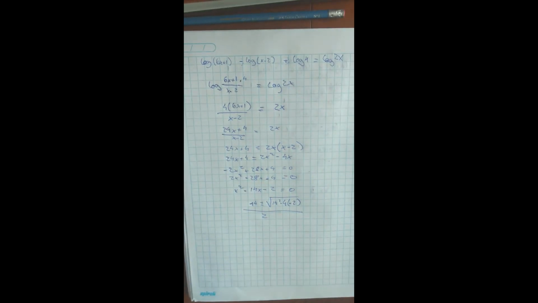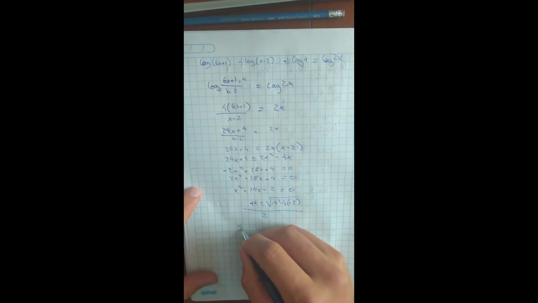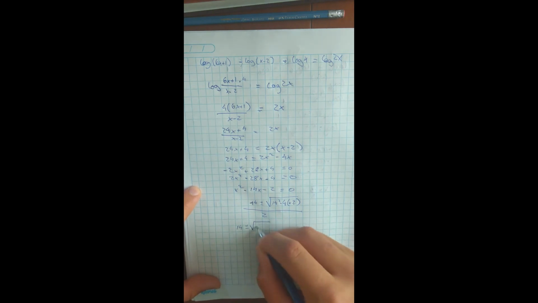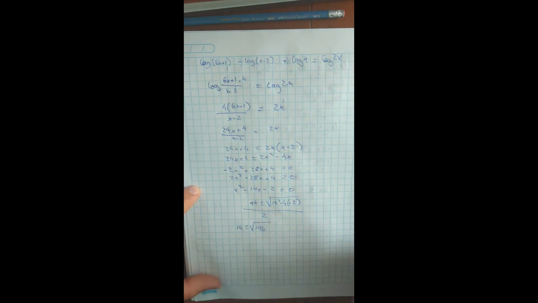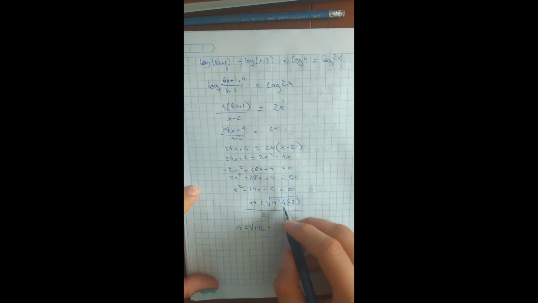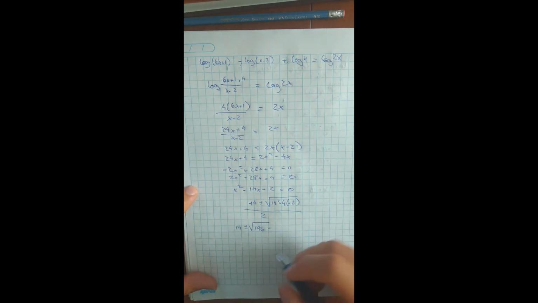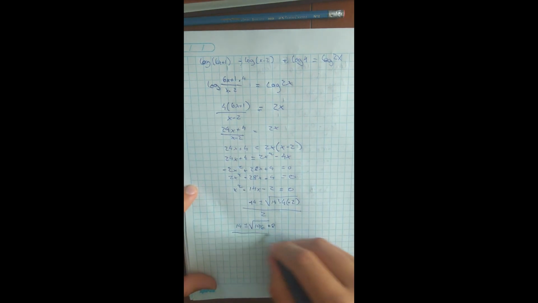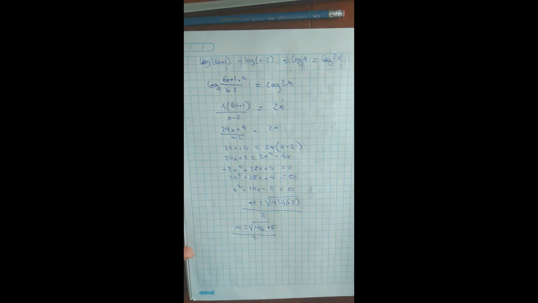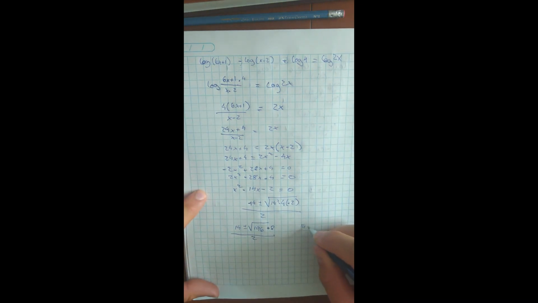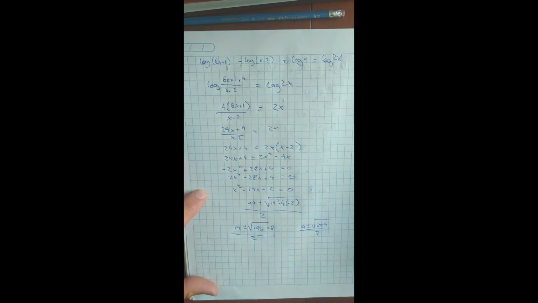So 14 squared, let's check that. 14 squared will be 196. So 14 plus minus square root 196 minus 4 times negative 2, that will be plus 8, over 2. So this will be 14 plus minus square root of 204 over 2.